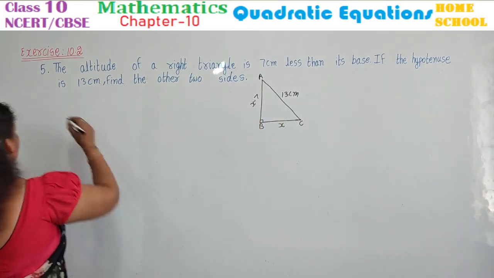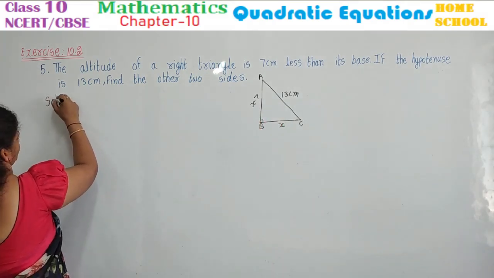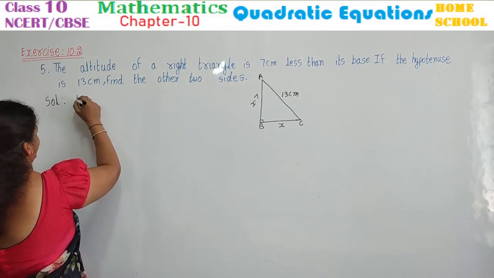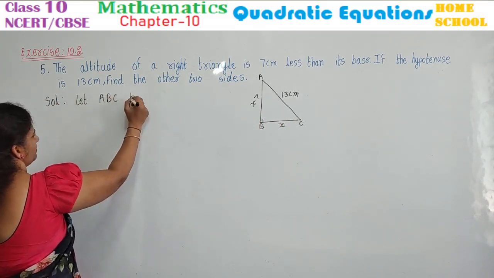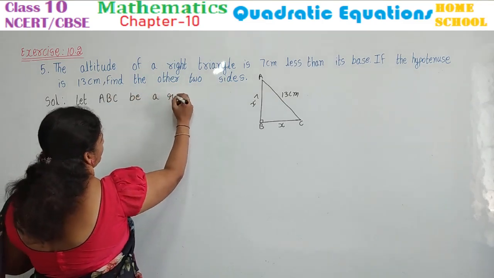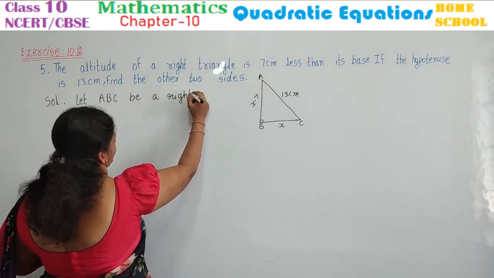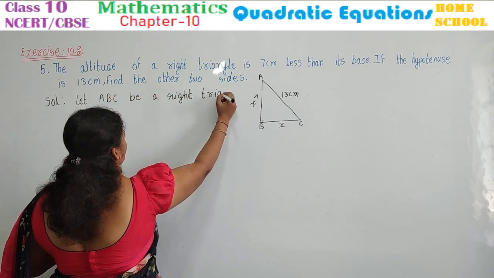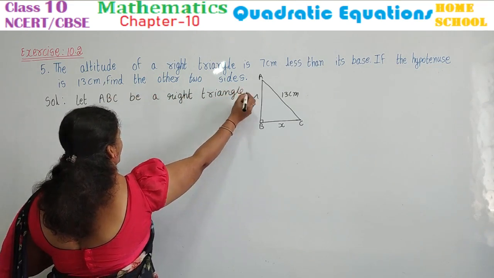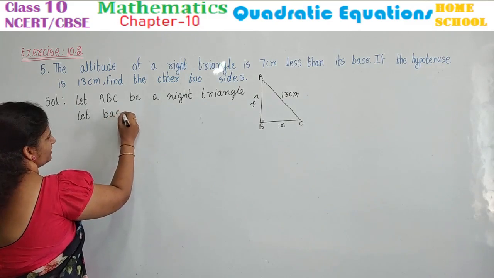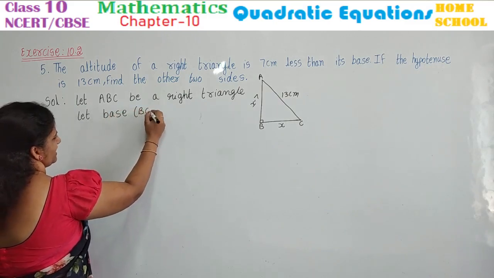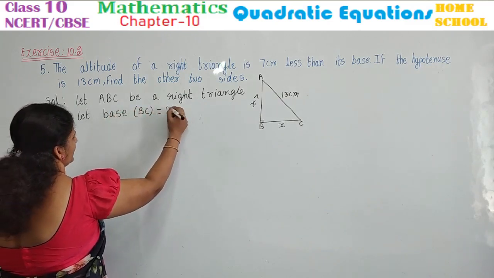Okay, our solution. Let ABC be a right triangle. Base of the right triangle BC is equal to x centimeters.